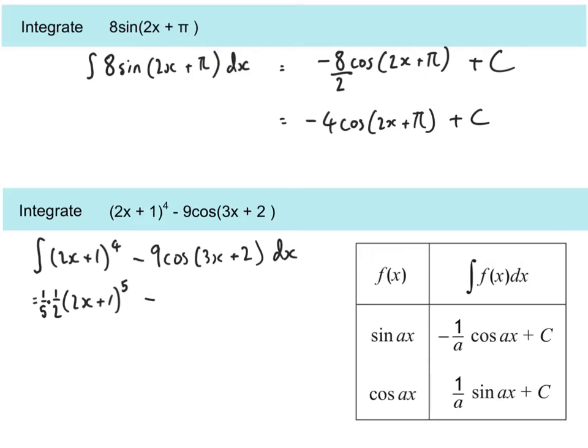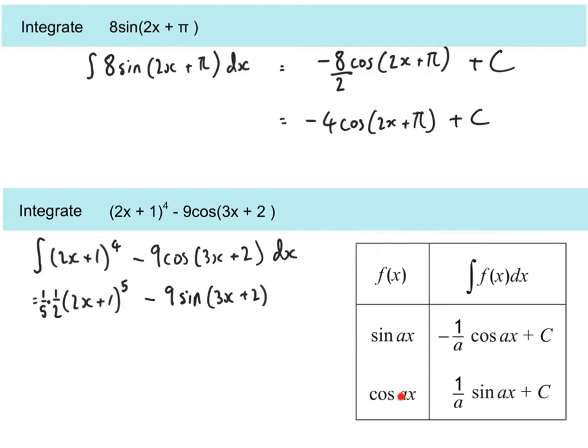Right, negative 9. Cosine integrates to sine. The table shows me there is no change in symbols. The thing inside my brackets doesn't change either.